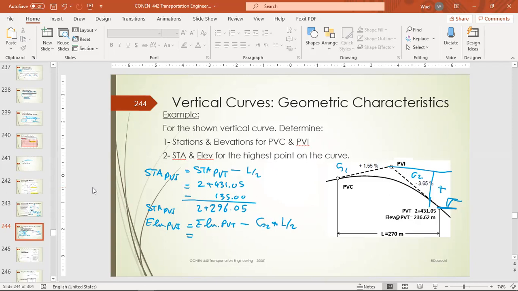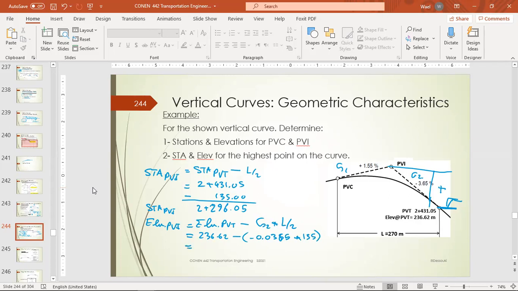So here we have 236.62 minus G2, which is minus already, so we have minus 0.0365 multiplied by 135, which is L over 2.